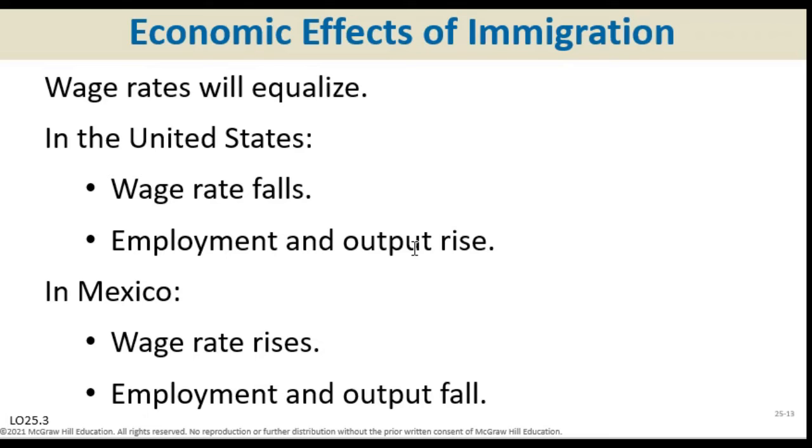And as they continue to enter the United States, it will cause wages in the United States to fall. But employment and output will rise in the United States. On the other hand, as workers leave Mexico, the wage rate will rise in Mexico. But again, employment and output will fall.